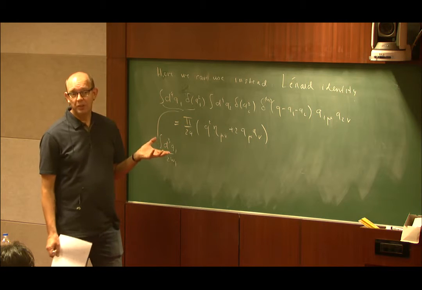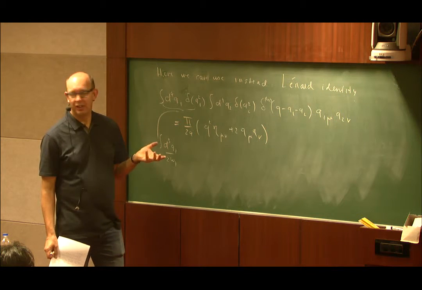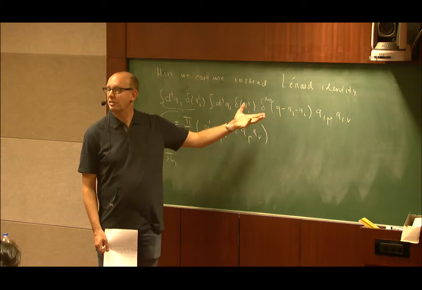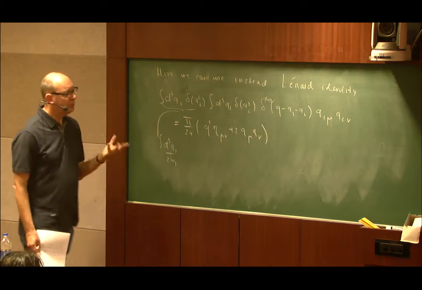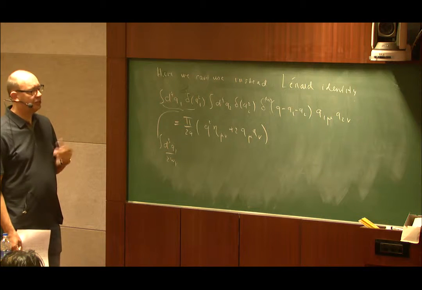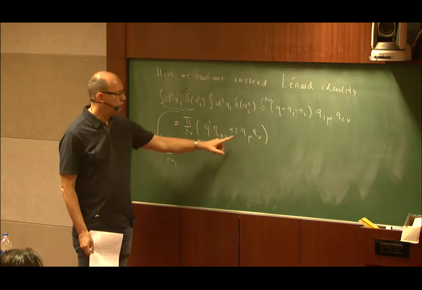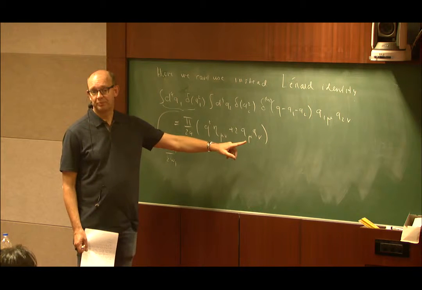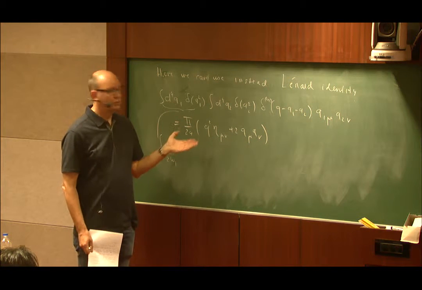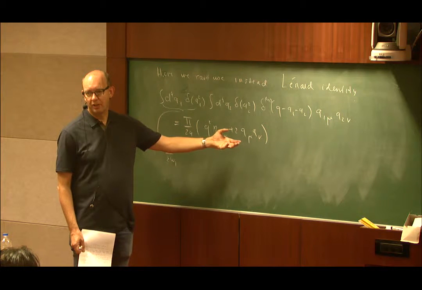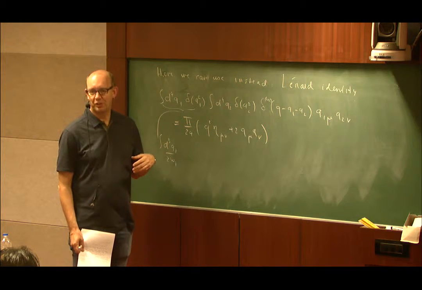The only thing you could have in the final answer is this momentum q. There's nothing else in the integral. So we need something that has two indices and has q in it. Well, eta mu nu and q mu q nu are the only combinations you can make. So you write them with arbitrary coefficients and see if you can derive the coefficients.